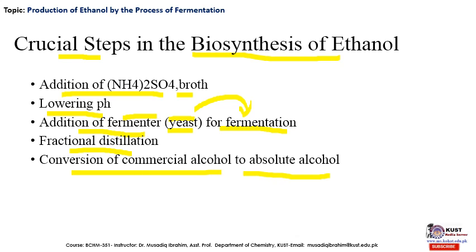So as a result of the process of fermentation, the end product alcohol which you are getting in the form of ethanol is not very pure. So then there are certain steps which need to be taken to convert it into absolute alcohol, which is 99% pure.